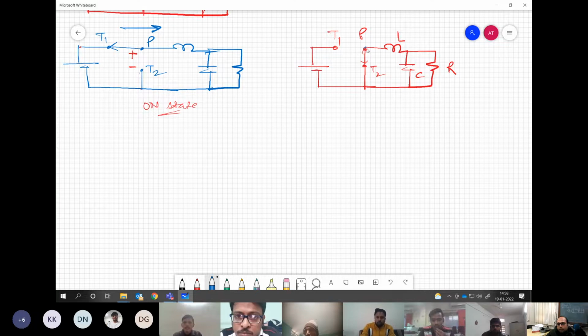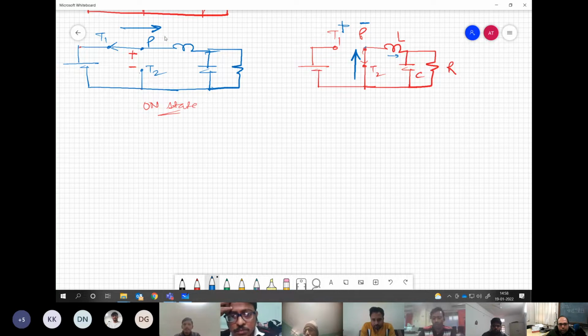T2 to P. Yes, because the inductor current, once it is set in this direction, cannot be changed suddenly. So it will continue flowing in this direction. And what is the blocking polarity for PT1? T1 is at higher potential and P is connected to T2, T2 is connected to ground. So polarity is this. Correct? This is fine, right? Any confusion in this one?